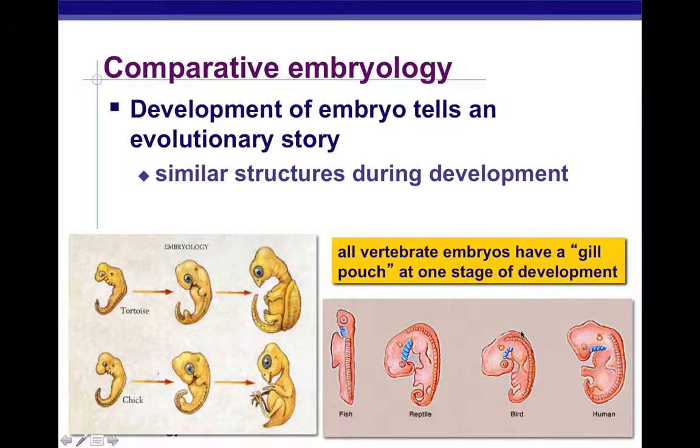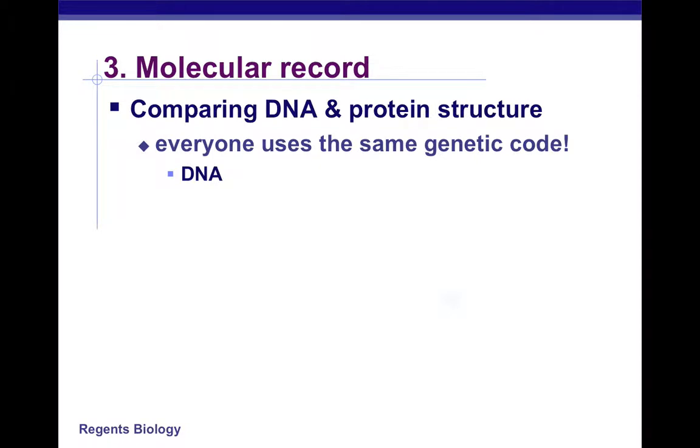So again, this is evidence that all organisms start to develop the same or very similarly, but over time we diverge and become different. It's a piece of evidence that we all descended from a common ancestor.